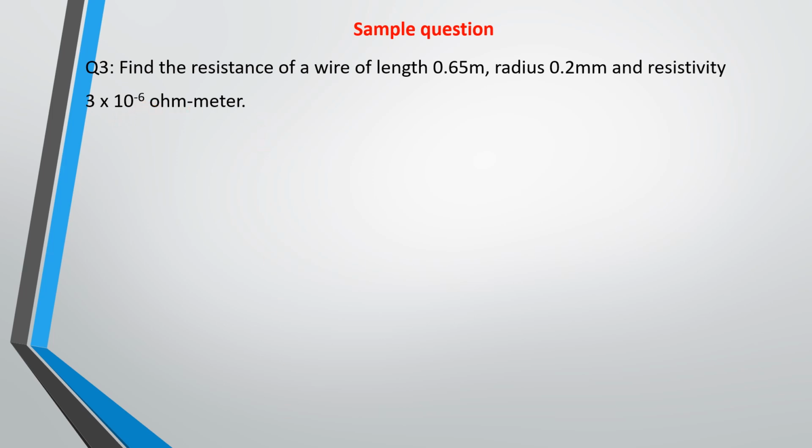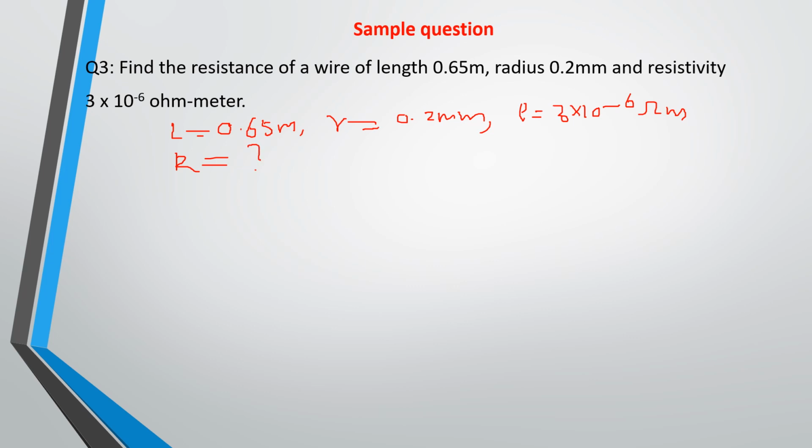Okay, so here you are given the length to be equal to 0.65 meters, the radius is given to you to be 0.2 millimeters, and resistivity is given to you to be 3 times 10 raised to the power minus 6 ohm meter, and you are asked to find the resistance of the wire.